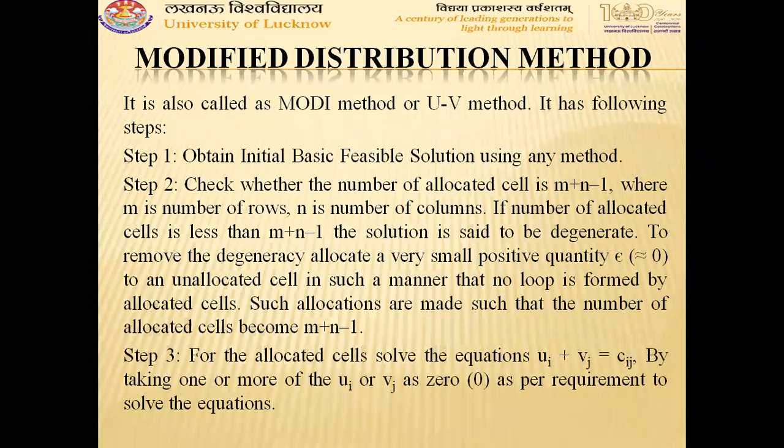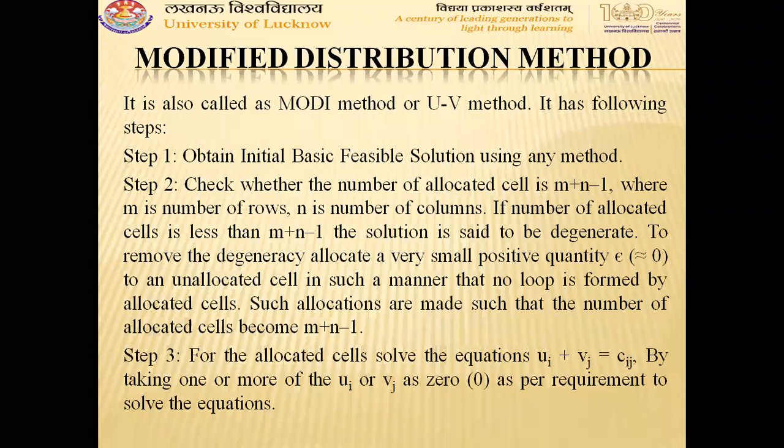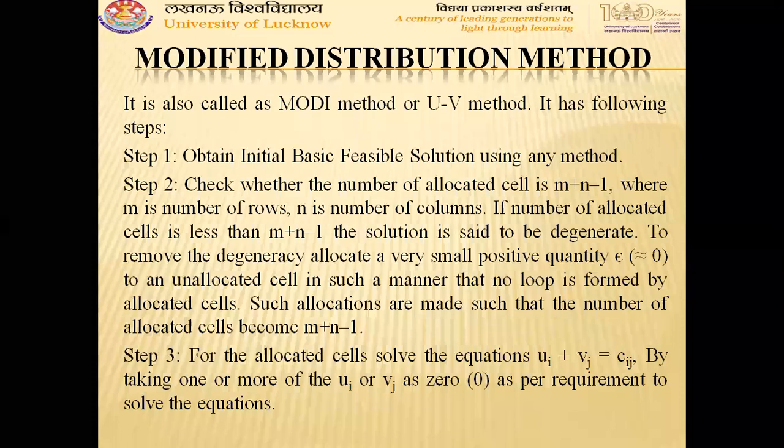For the Modi method, which is also called the UV method or modified distribution method, the first step is to obtain the initial basic feasible solution using any method. In our example, the initial basic feasible solution is already mentioned. The second step is to check the feasibility of the solution, that is, whether the number of allocated cells is m plus n minus 1, where m is the number of rows and n is the number of columns.